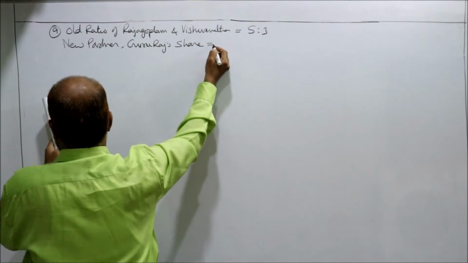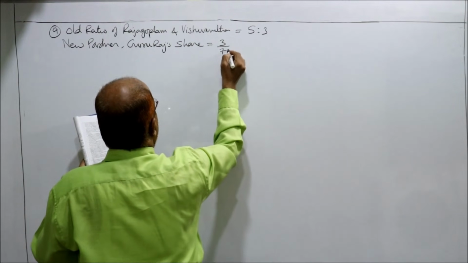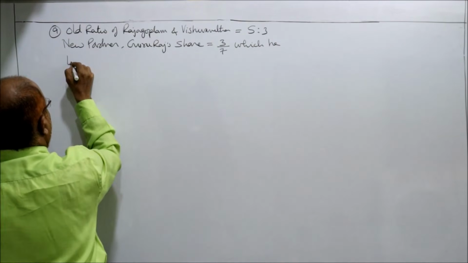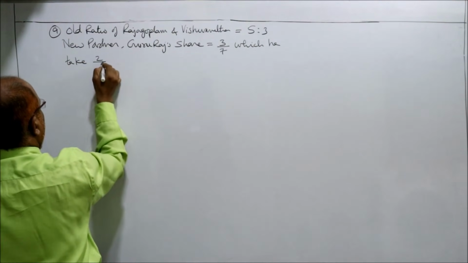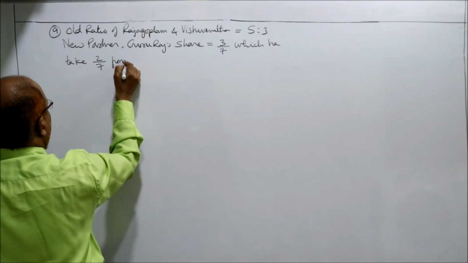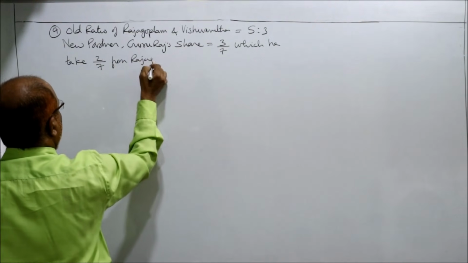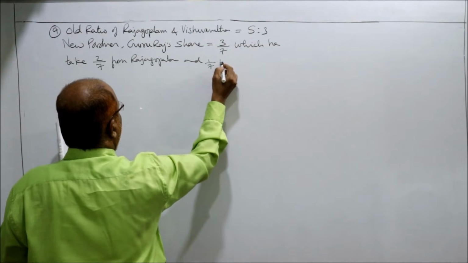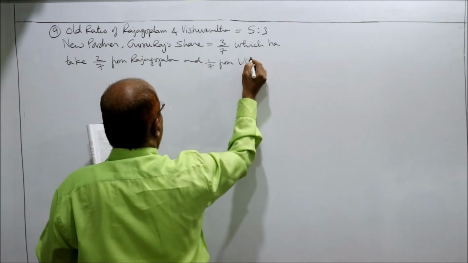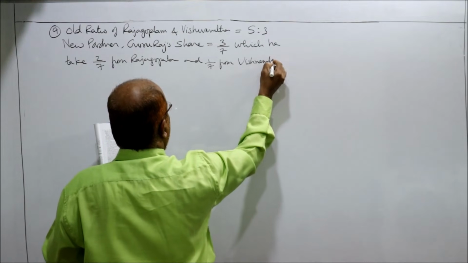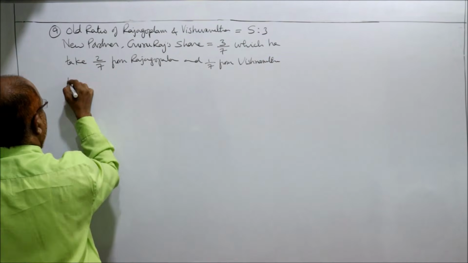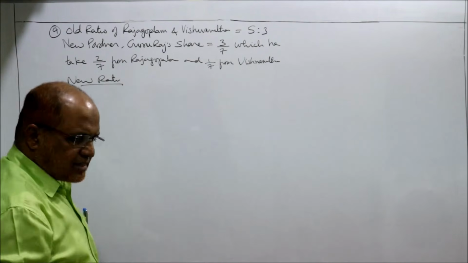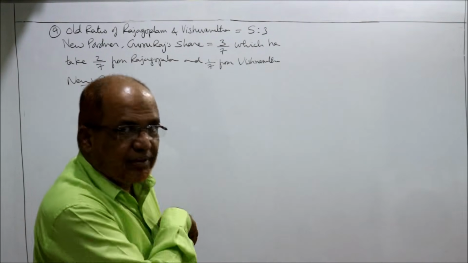Gururaj's share is equal to 3/7, which he takes 2/7 from Rajagopalan and 1/7 from Vishwanathan. New ratio. The procedure is exactly the same as what we have done in the 7th problem.